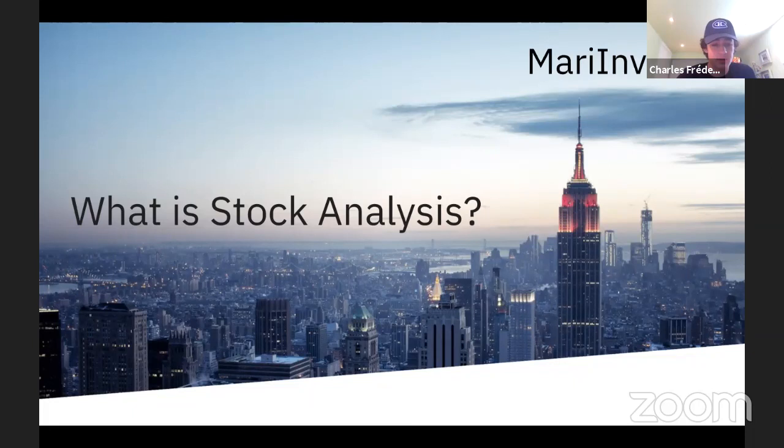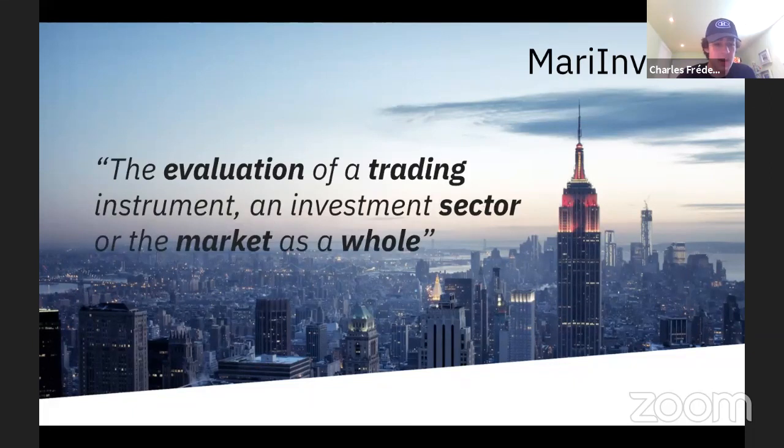Next slide, please. Yeah, so it's the evaluation of a trading instrument, investment sector, or the market as a whole. The two types really differ in terms of what you're looking at. Fundamental analysis is more about the fundamentals of the business or the sector, and technical analysis is more on the technical, statistical side.